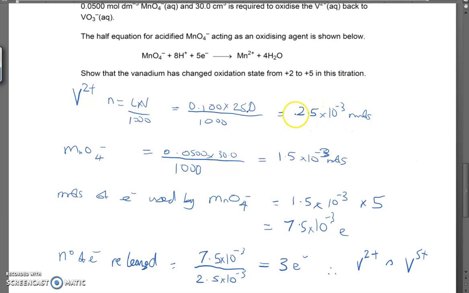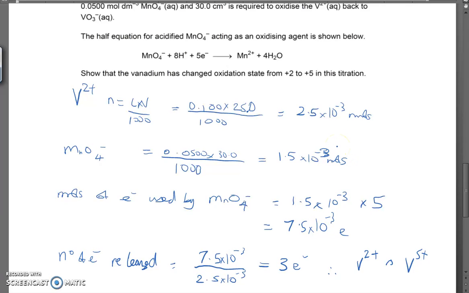So for example, the ratio of vanadium 2+ to manganate is 5 to 3, and then you can say, well, 3 lots of manganate requires 5 electrons, that's 15 electrons. 15 electrons divided by 5 from our initial ratio gives you 3 electrons. But again, that's more complicated.